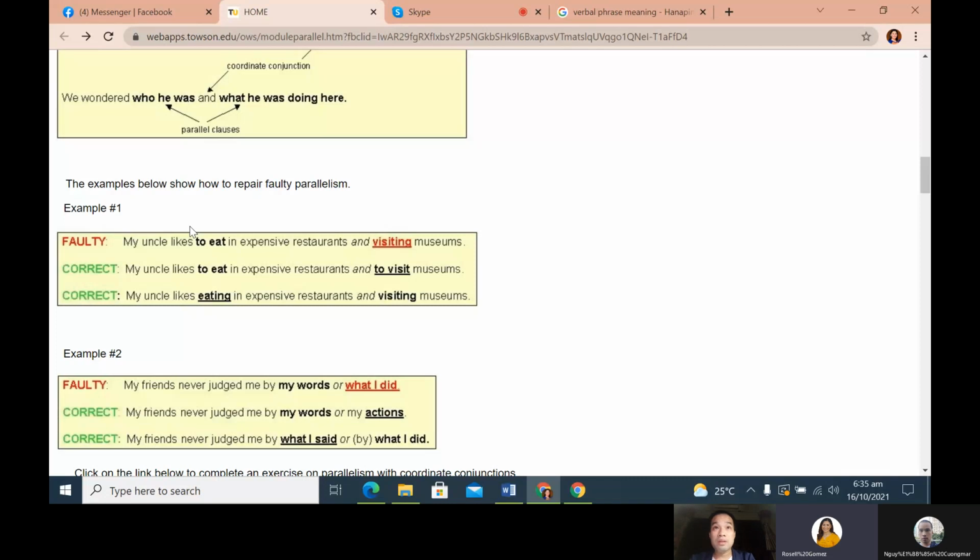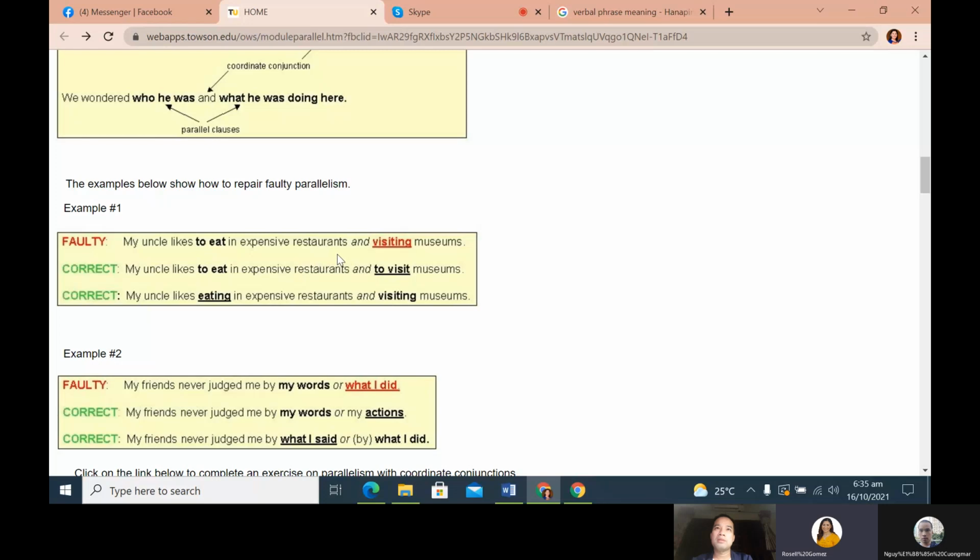Okay, listen. These are the two important things that you need to remember in learning about grammar: the content and the structure. Now, if this is your sentence, you are asking me if this sentence is correct, right? The first one, my uncle likes to eat in expensive restaurants and visiting museums. You are asking me if this is grammatically correct, right?